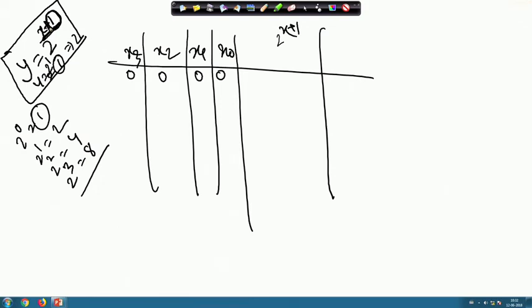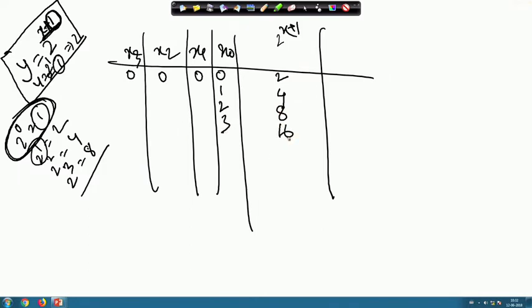But as I am adding plus 1 here, we will not get 2 to the power 0; it will start from 2 to the power 1. So for 0 we get 2, for 1 we get 4, for 2 we get 8, for 3 we get 16.